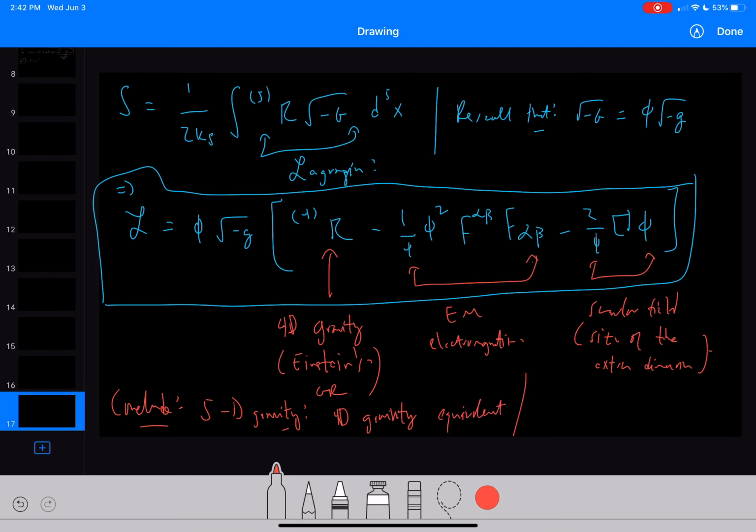Actually, I don't like the word equivalent because technically it's not an equivalence, but let's say unified. So 4D gravity is unified with electromagnetism. And that is at heart the Kaluza-Klein theory.